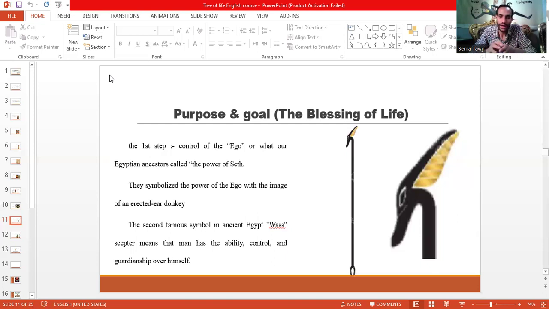And they symbolized this ego and the power of ego with the image of a donkey with erected ears.